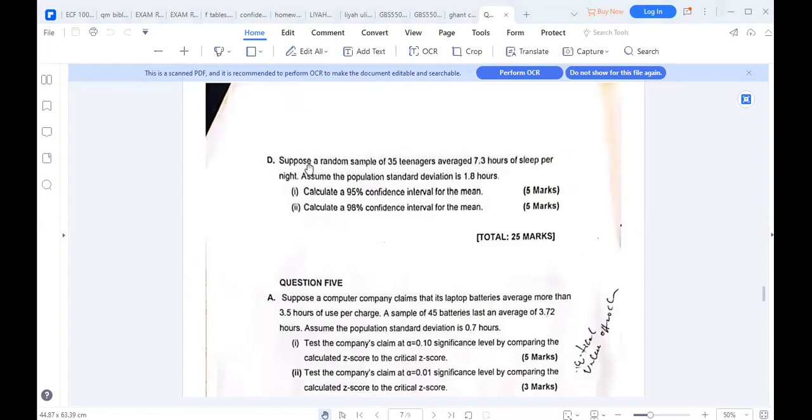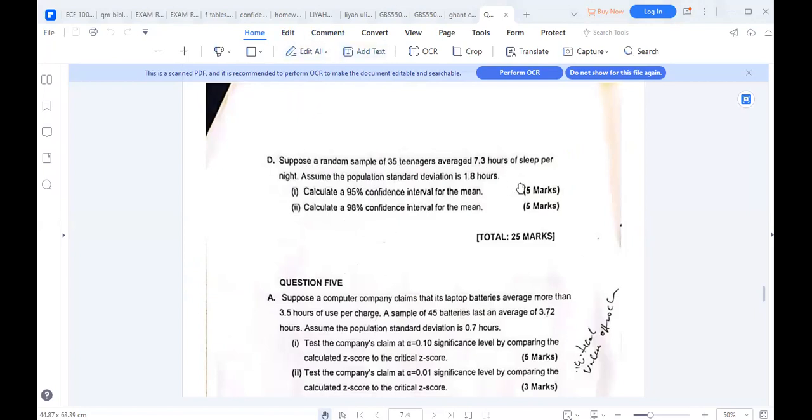This question here, we have a random sample of 35 teenagers who average 7.3 hours of sleep per night. Assume standard deviation is 1.8. Find a 95% confidence interval and a 98% confidence interval.